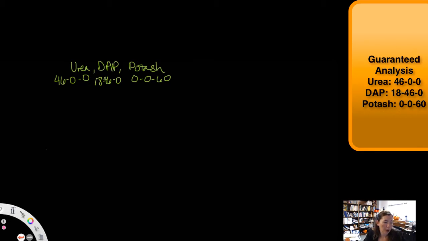So if we look back at how much we've got to put out, the recommendation is 30 pounds of N per acre, 15 pounds of P per acre, and our last recommendation was 21 pounds of K per acre. So we need phosphorus, we need potassium, and we need nitrogen.